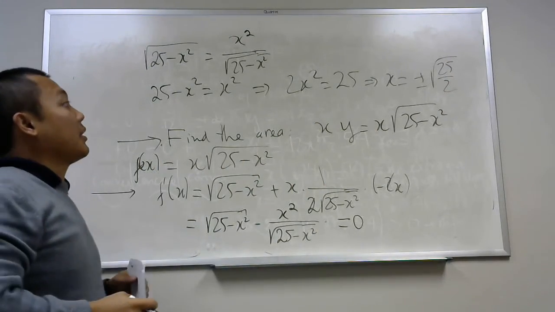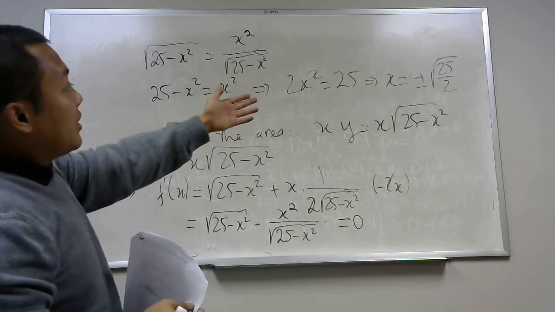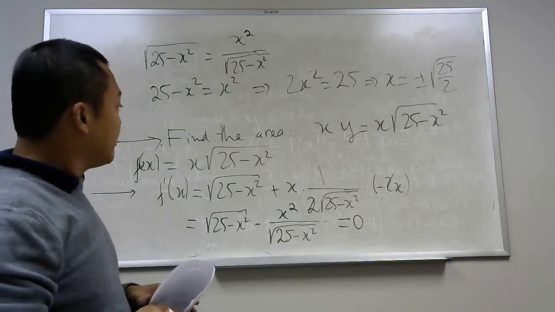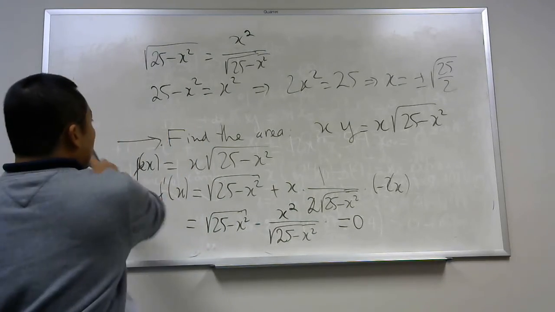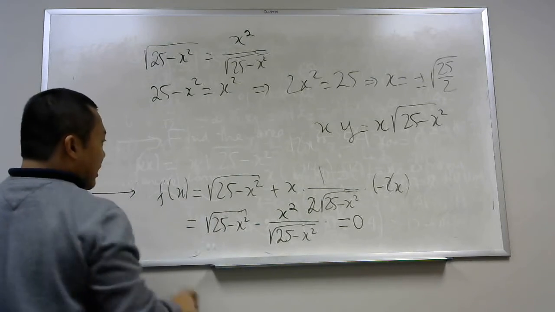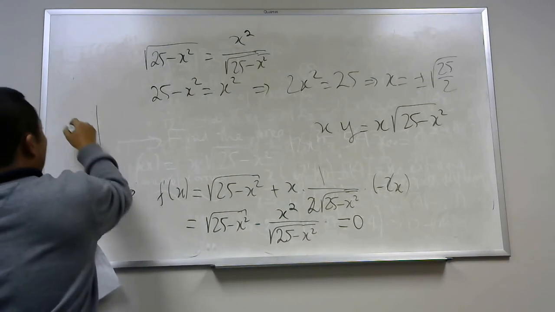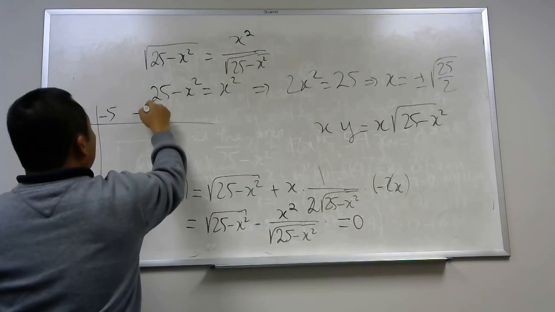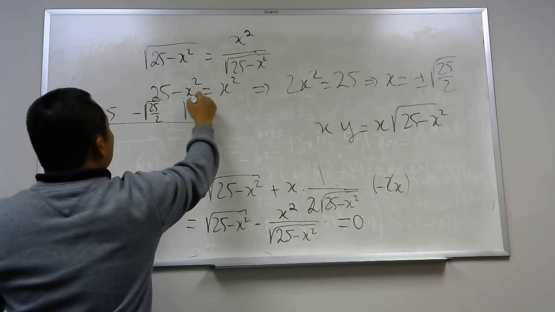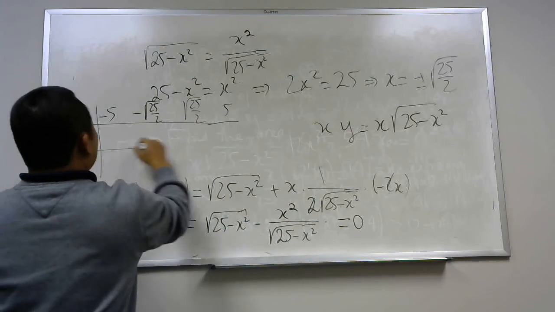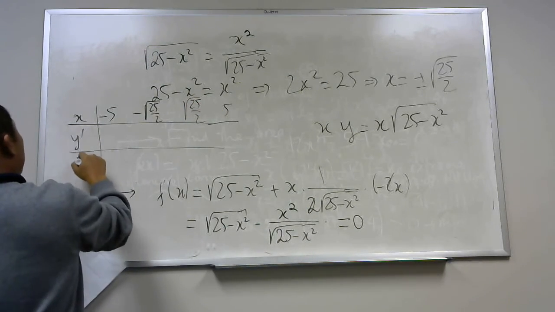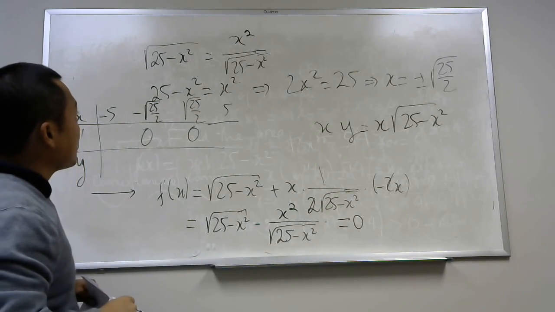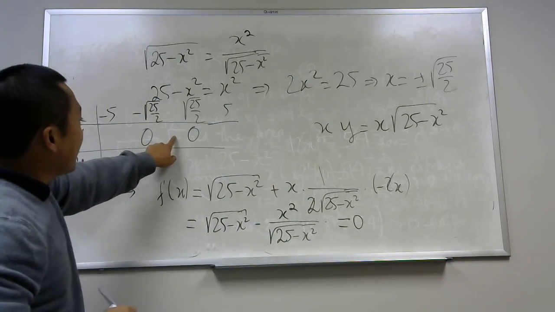You see? And you would guess that when x equals plus or minus this, you make the chart. Let me erase this. I keep the first one. I make a chart of x: negative 5, negative square root of 25 over 2, square root of 25 over 2, and 5. And here the derivative, current function, this equal to 0. Between these, I can pick 0.